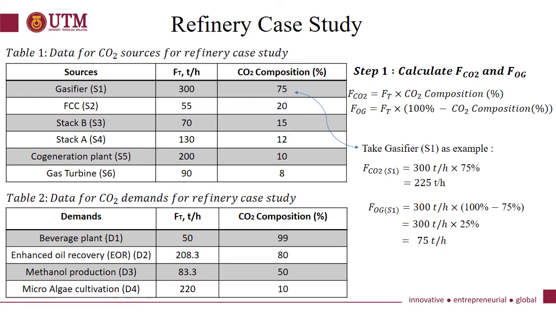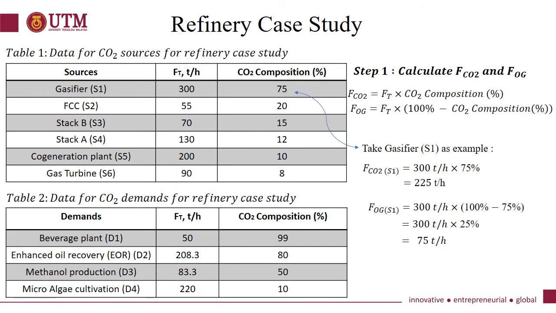For example, the flue gas flow rate of S1 is 300 tons per hour and the CO2 composition is 75%. So the FCO2 for S1 is 300 times 75%, which equals 225 tons per hour.